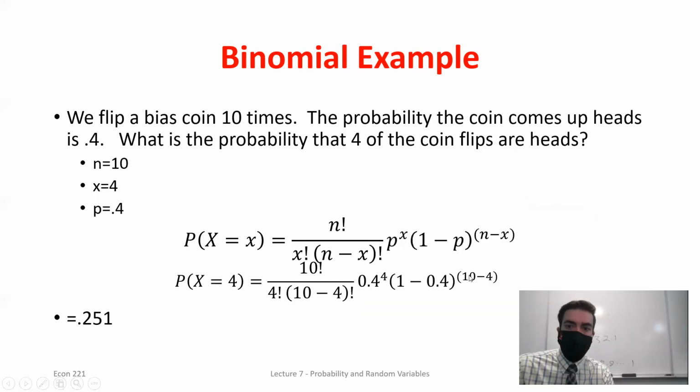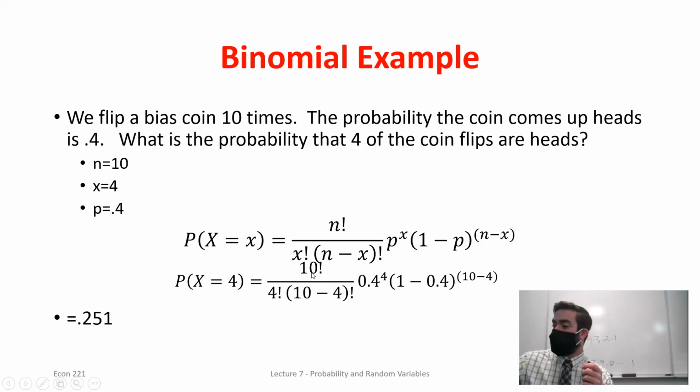I would do this part first, 10 minus 4, just write a 6 in there. There's no reason to keep a bunch of parentheses. 1 minus 0.4 is 0.6, so take 0.6 to the 6th power, multiply that by 0.4 to the 4th power, write down that number, and then figure out what this other part is. Okay?